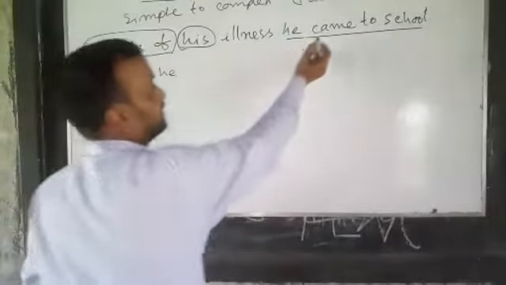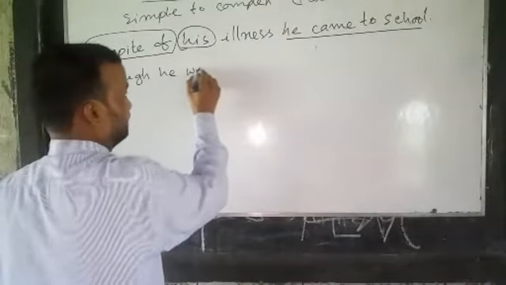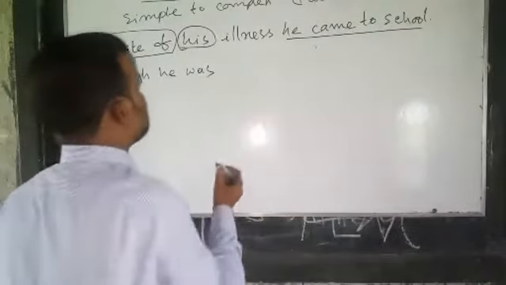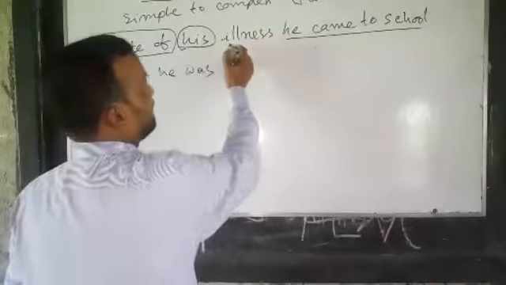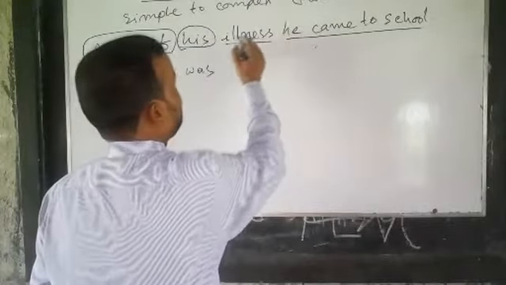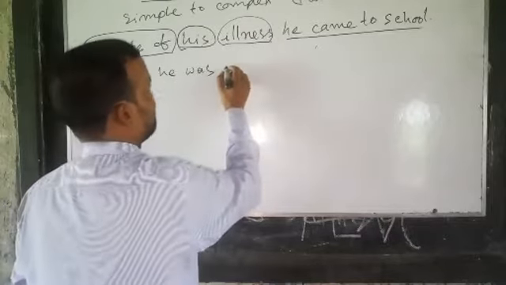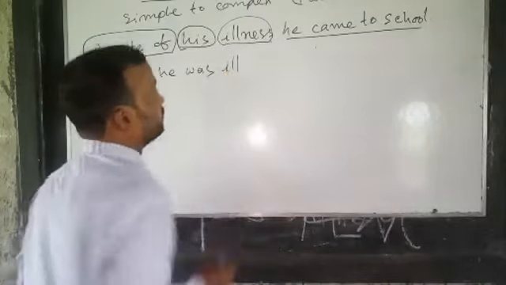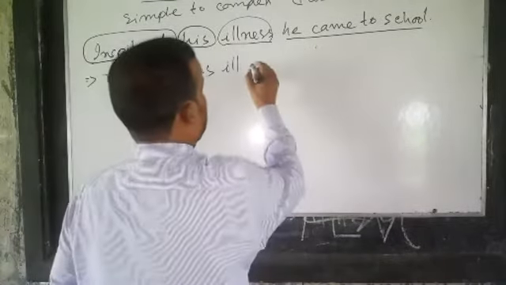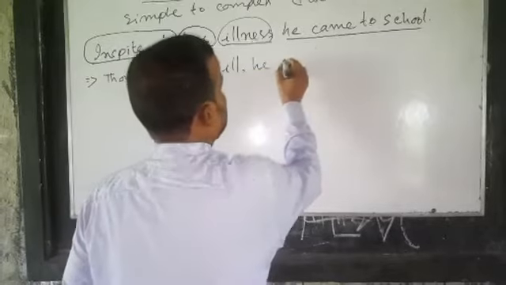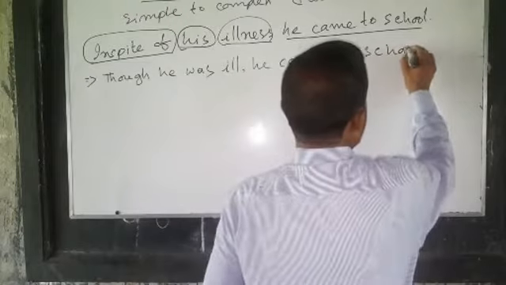This is the past tense, so we use "was." Though he was, and then the rest of the words. But this is a noun, and now we have to use an adjective here. Though he was ill, and then the principal clause: he came to school.